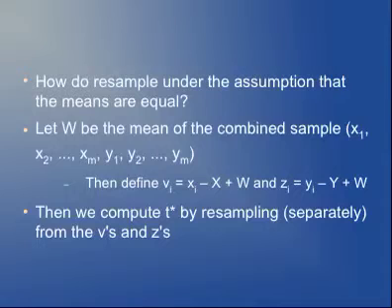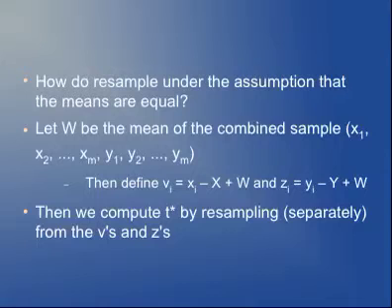Well, you can take the combined sample again and let W bar be the mean of the combined sample. Then you define variables V and Z: take each x, subtract the mean of x, and then add the overall mean. Likewise for the y, subtract the mean of y, add the overall mean.